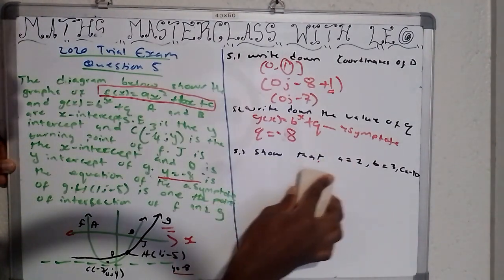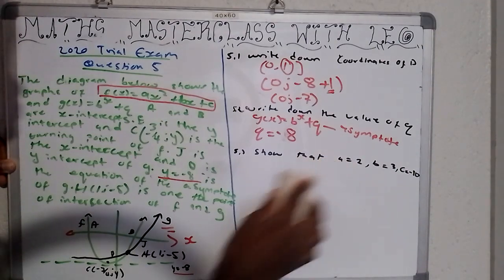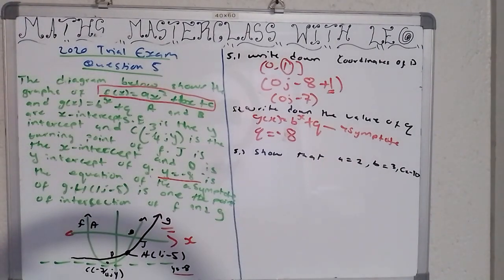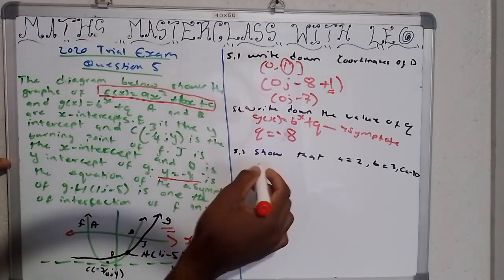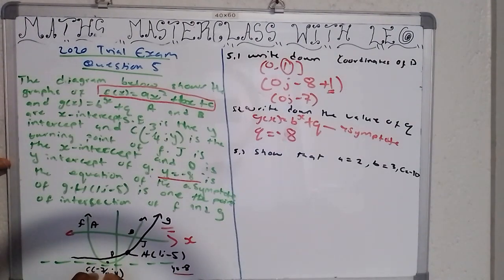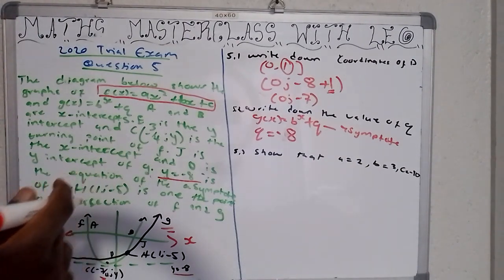Let me just erase here. Okay, now I can't use that equation. Why? Because I don't have the value of a and I don't have the value of b. So I can't have a case where I have two unknowns. So what am I going to do?